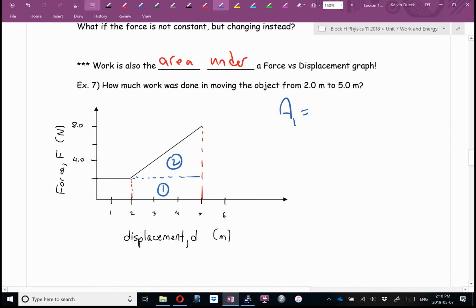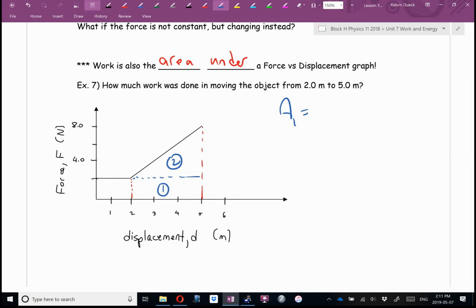Area 1, what shape is that first area? Well, it's a rectangle. What's the formula for the area of a rectangle? Now, if you don't know this right away, you may want to add this to the bottom of your green sheet where you have the 3.6 conversion from meters per second to kilometers per hour.